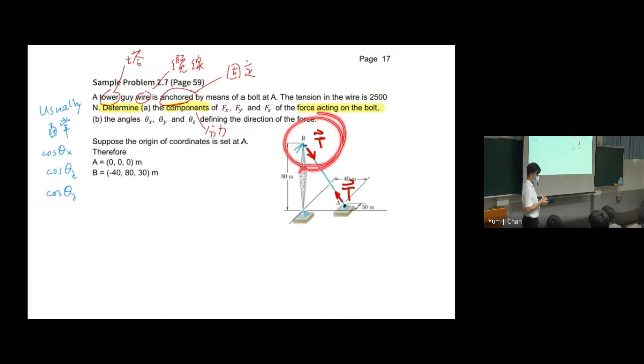Therefore, we can either determine this or this. Can you see this? We can either work on this or work on this.